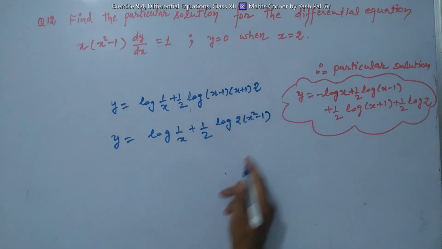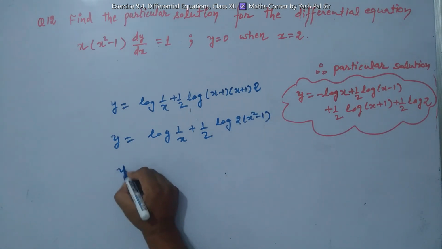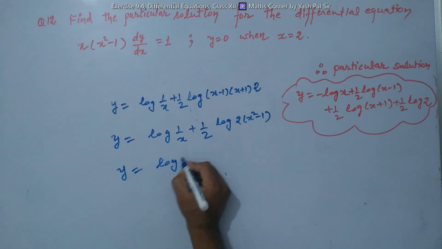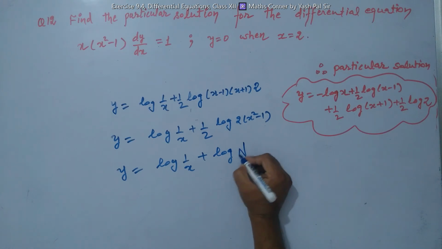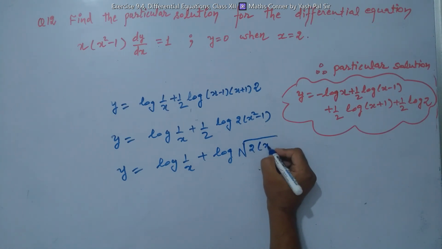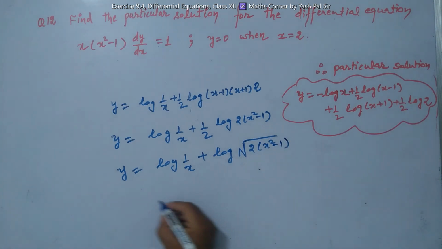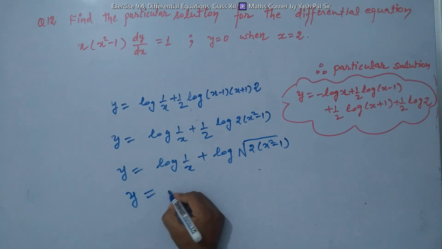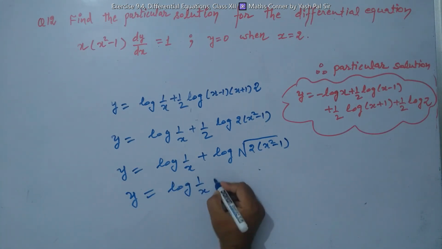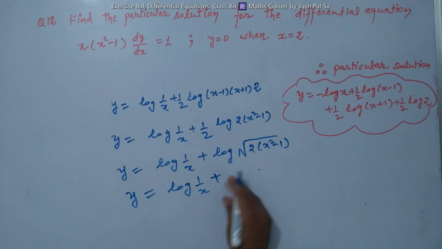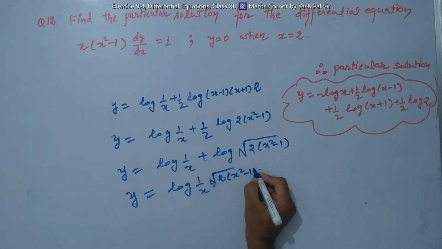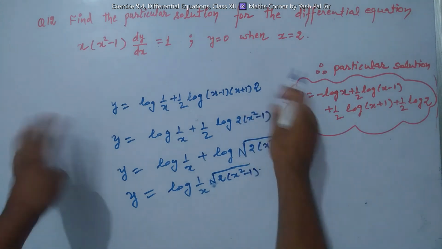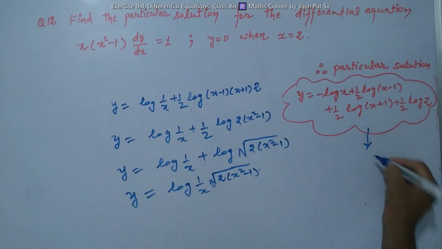So y is equal to log of 1 upon x plus log of square root of 2 into x square minus 1. Further, log 1 upon x into square root of 2 into x square minus 1. We can also write this, otherwise up to this is also okay.